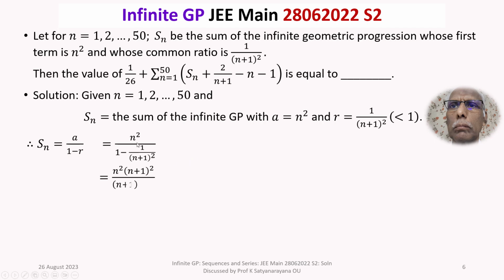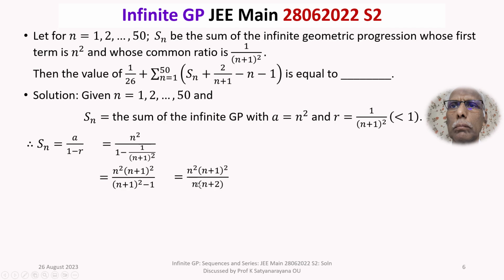You will get n square into (n plus 1) whole square by (n plus 1) whole square minus 1. Now that is equal to n square into (n plus 1) whole square by n square plus 2n plus 1 minus 1. Plus 1 minus 1 cancels, and take n common: n into (n plus 2).